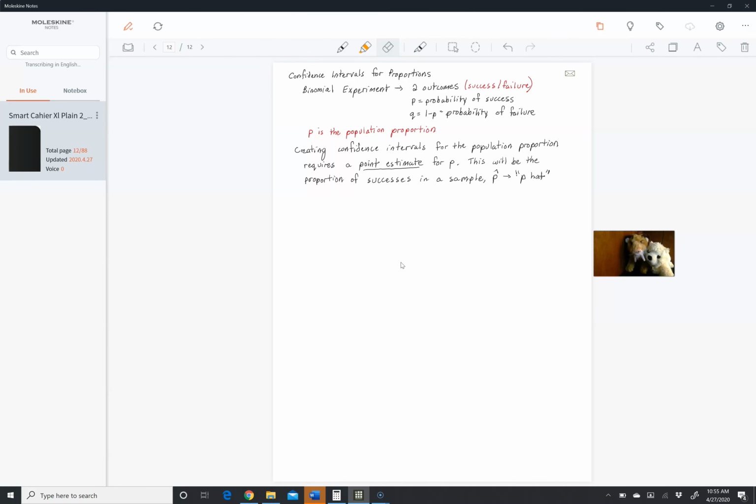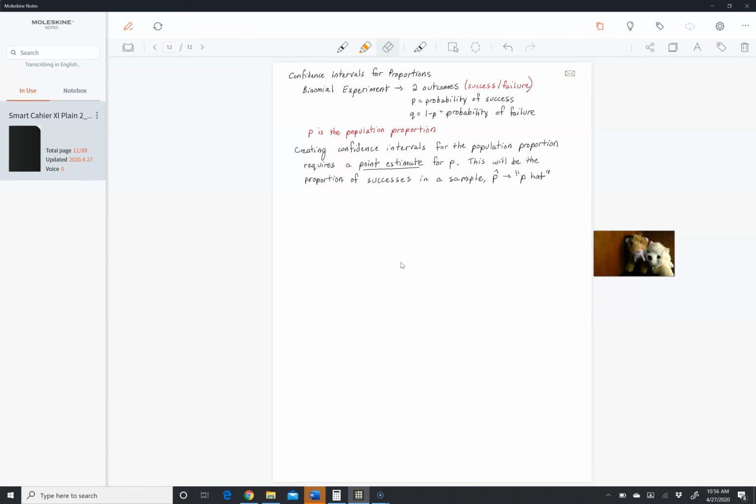So New York State conducted a coronavirus study when I'm doing this lecture. It was last week. And what they did is they randomly tested 3,000 people to see if they had antibodies for the coronavirus. So this is a binomial experiment. Either they do have the antibodies or they don't, okay?